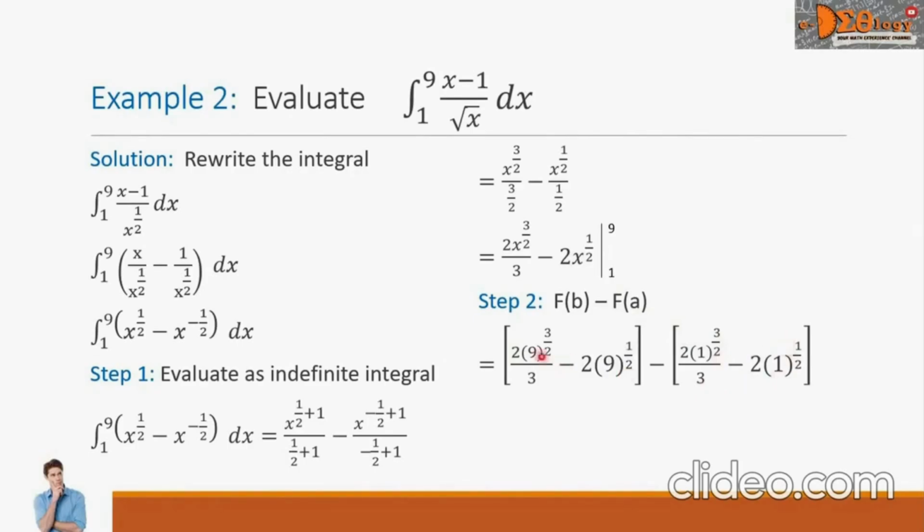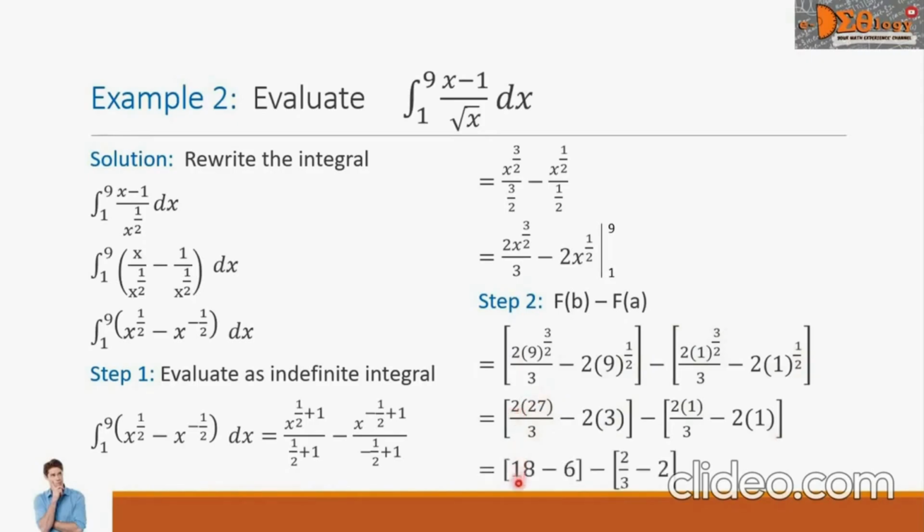Simplifying further, this 9 raised to 3 over 2 can be simplified into 27. This 9 raised to 1/2 is 3. This 1 here raised to 3 over 2 is simply 1, and 1 raised to 1 over 2 is 1. You see here, the 27 and 3 can be simplified into 9, and 9 times 2 is now 18.